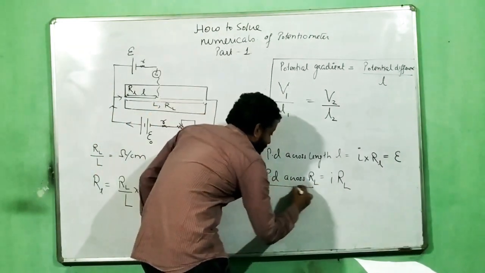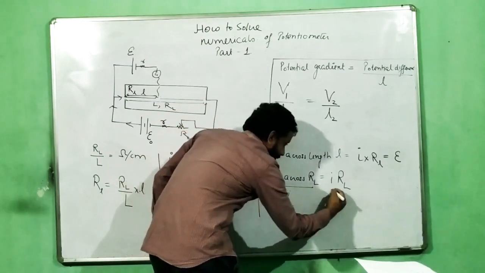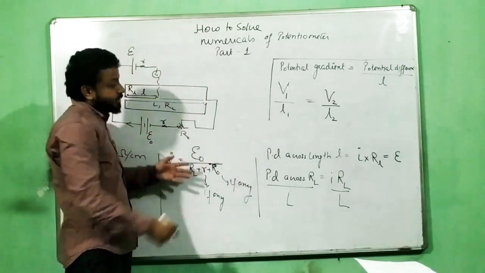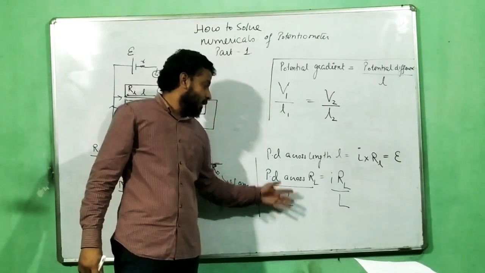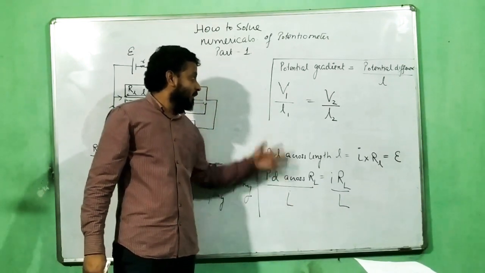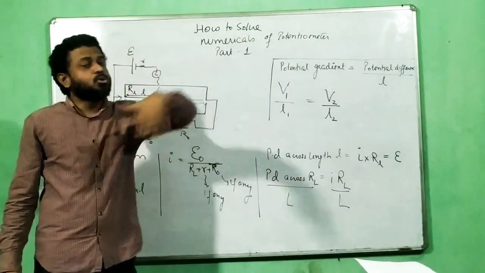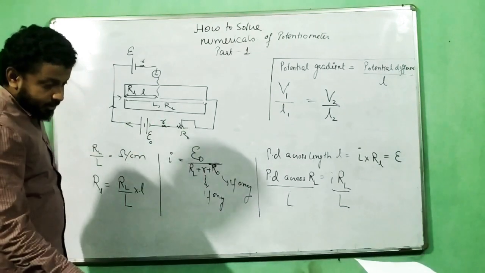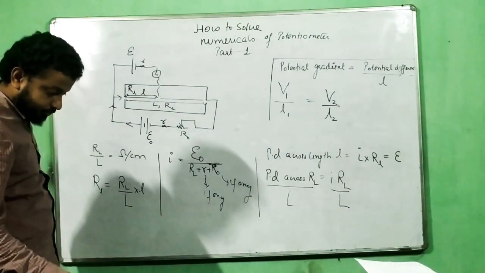Now if I divide both sides by capital L, I get the potential difference divided by the length across which I have found it, and this is nothing but the potential gradient. And once you get the gradient across any length, the gradient throughout will remain the same. Okay? I will discuss one question now. Hopefully it will be clear to you.